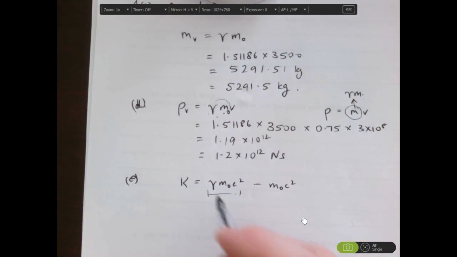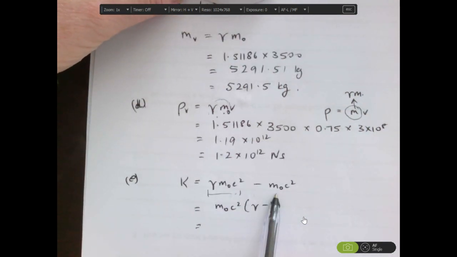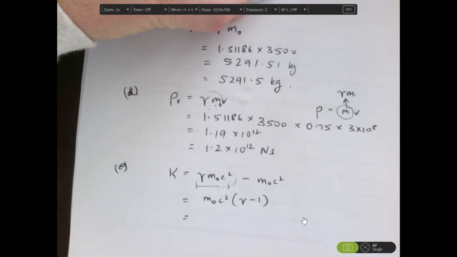You could use that, or you could use the factored form, which is so much easier, which is m naught c squared times gamma minus 1. Okay, so the difference between this and that value would have to be the kinetic energy, because remember, this value here is simply measuring the extra energy in the situation, which is kinetic in this case.